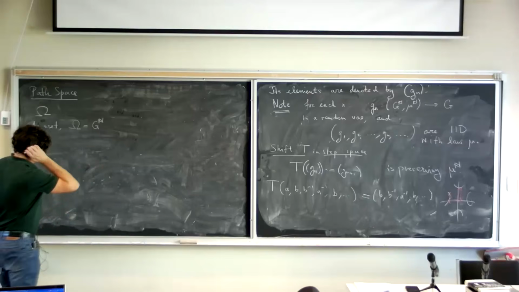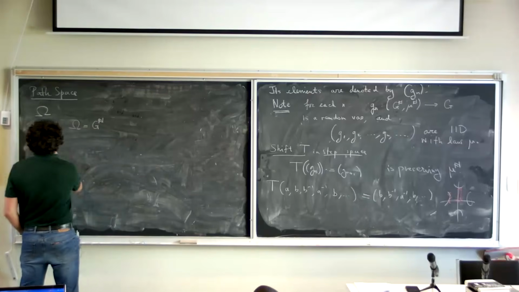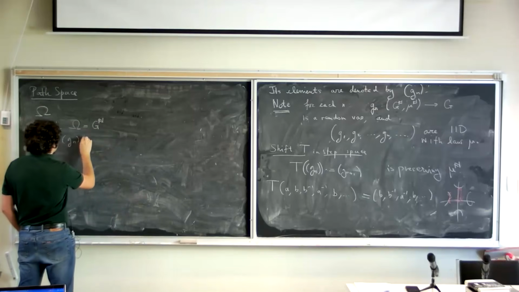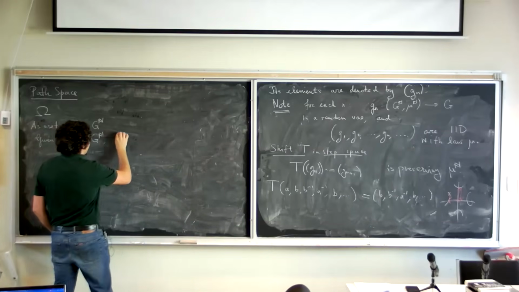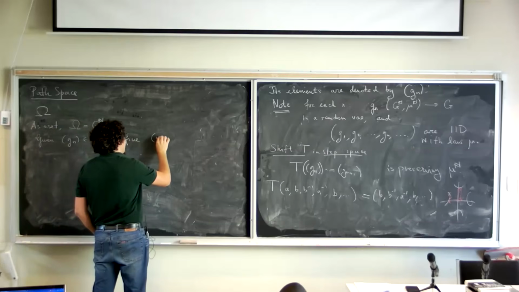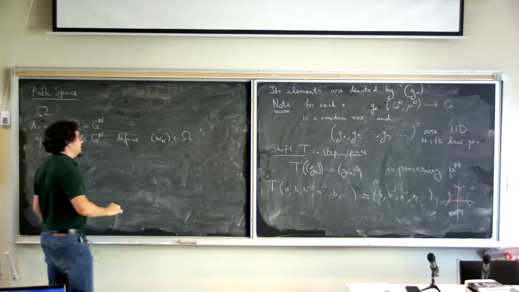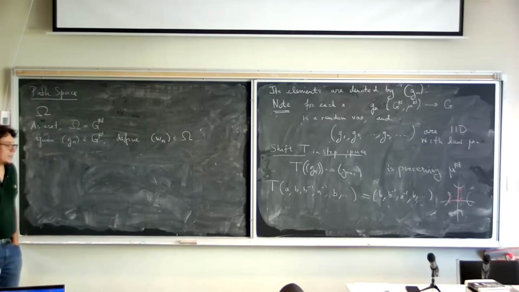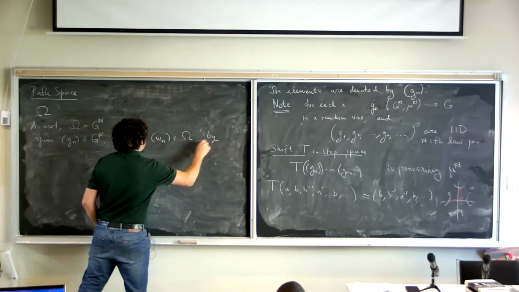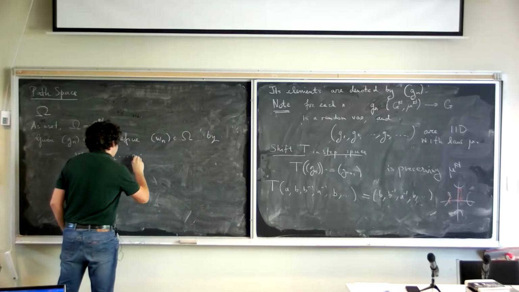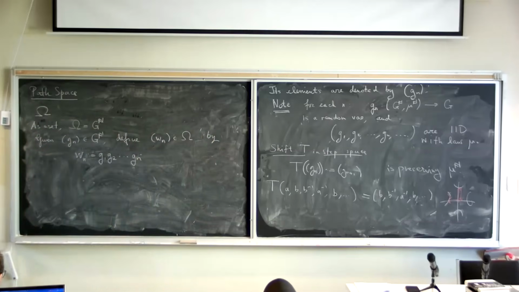So given a sequence Gn in your step space, you define a sequence Wn, and this sequence will live in omega. It's another sequence of group elements, defined by taking the product: Wn is G1, G2, up to Gn for every n. So now you see the group structure, you do the products.